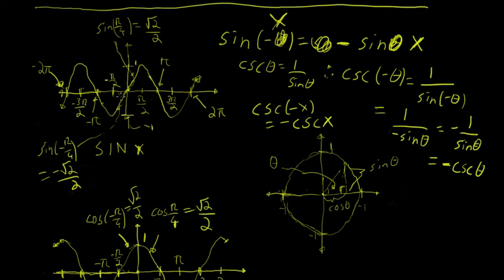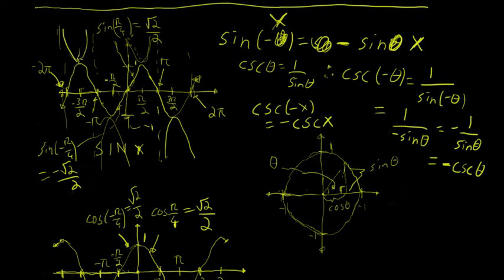If we look at the graph of sine, it's symmetric about the origin. If you graph cosecant, it's also symmetric about the origin. Cosecant's going to be 1 over sine, so it'll kind of look like this with vertical asymptotes wherever sine is 0. So cosecant will look something like that, like I've drawn there.